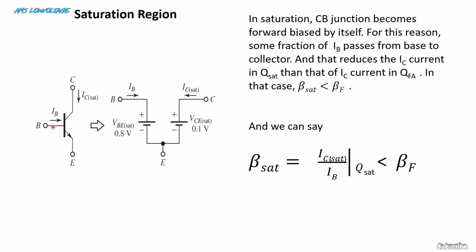That's why it loses its amplification current IB, input current IB, because this junction is turning in forward bias. That's why the beta value is less than the beta value in forward active region.